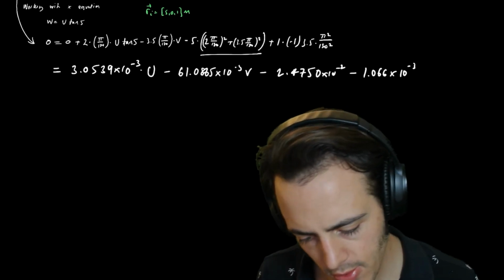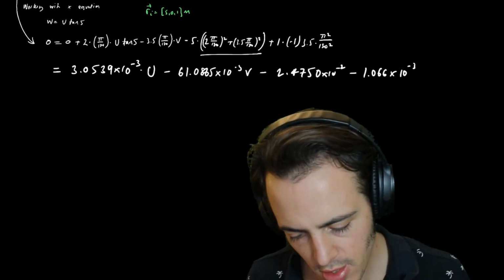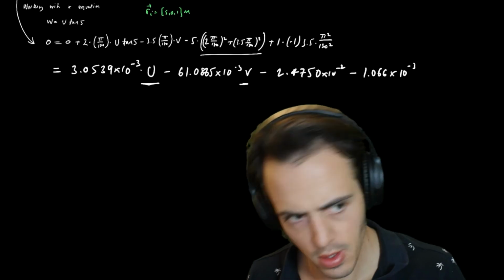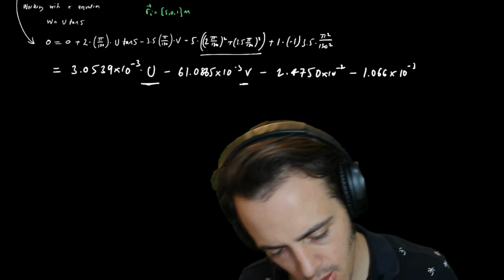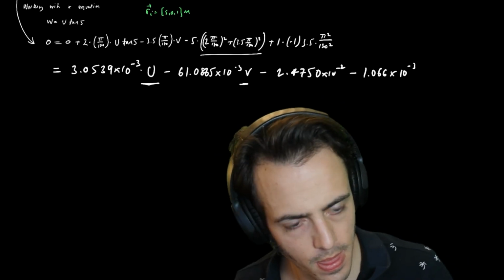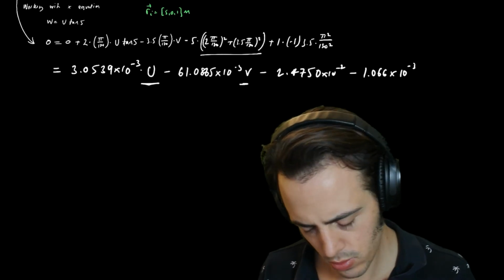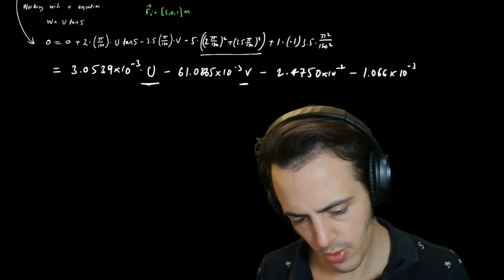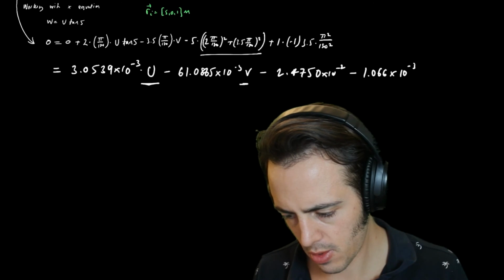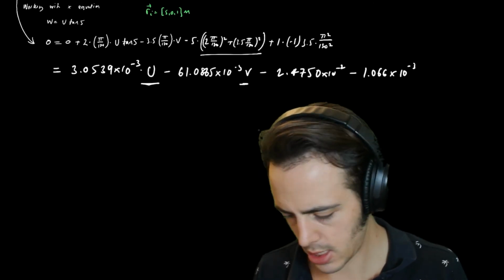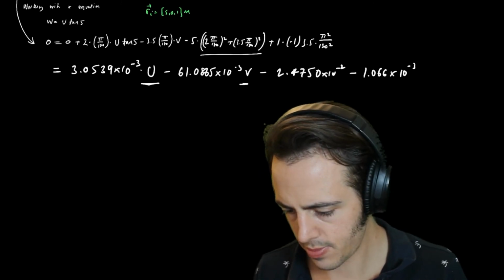Okay, so I've now just got a relationship between u and v. So this ends up with 2.475 times 10 to the minus 2 plus 1.066 times 10 to the minus 3.